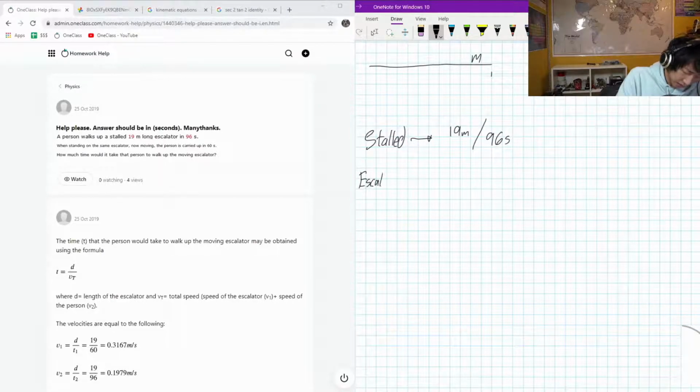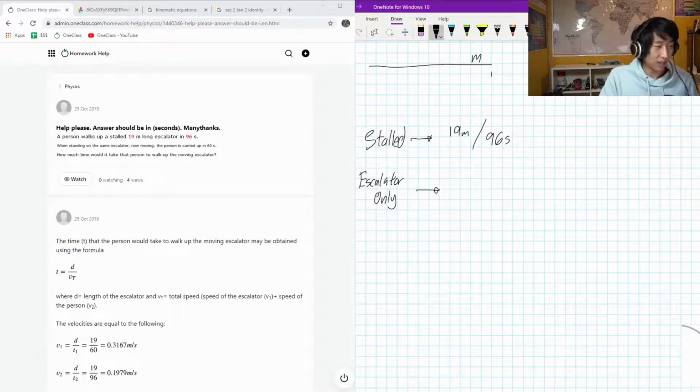Standing on the escalator and moving, escalator only. I'm going to assume that it's the same distance. We're talking about the same escalator here, hopefully. It's going to be 19 meters, but in 60 seconds this time.